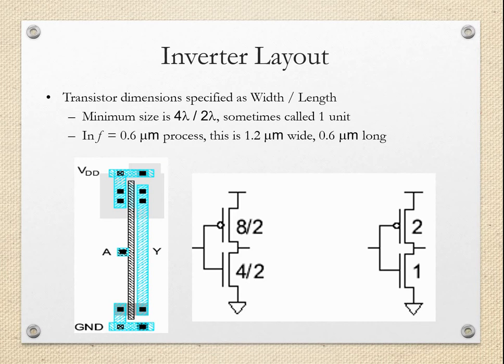So the size is quite bigger, almost 2 or 2.5 times the size of the N MOSFET. Now as both the devices are to be fabricated on the same silicon wafer, the silicon wafer is considered as a P substrate, and over this P substrate we can put the N plus diffusions to prepare the N MOSFET easily.